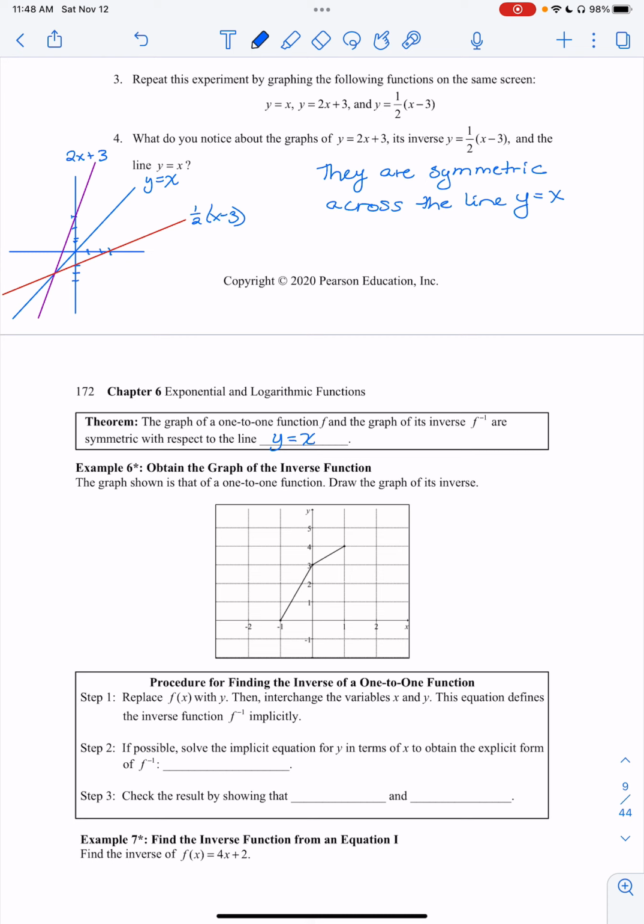Basically, here I have my x, so there's a point right here that's negative 1, 0. So there should be a separate point that's 0, negative 1, which would be right here. And then there's a point up here that is 0, 3. So there should be a point over here that is 3, 0.